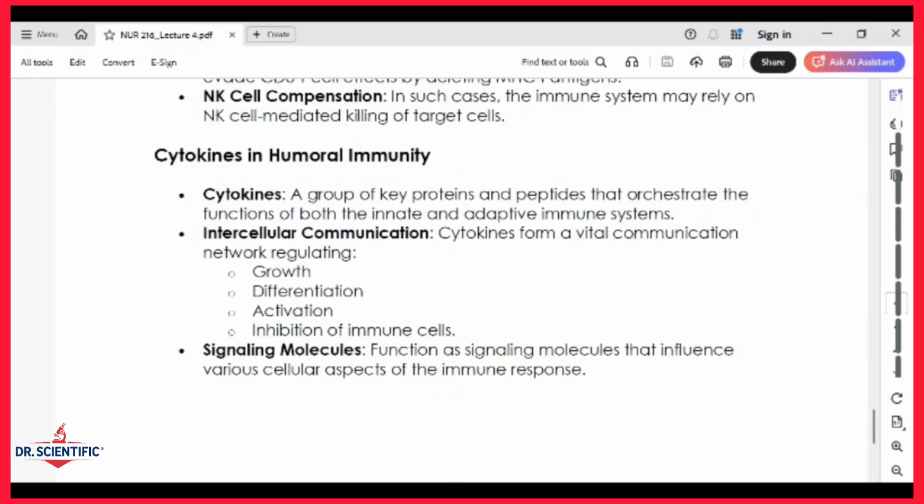Okay, so I tried to explain this, and I was saying, first of all, the first immunoglobulin that is being generated is IgM.